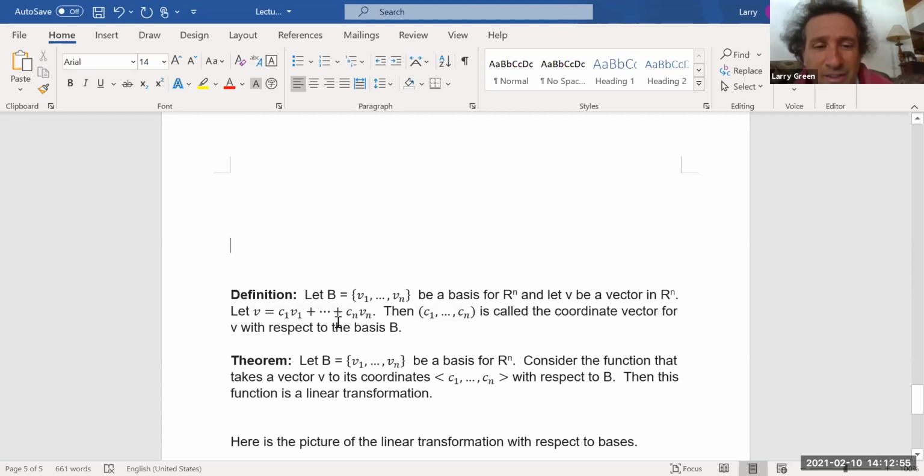So what we can do is take the C's and write them down in kind of point form, C1, C2, dot dot, Cn. Put some parentheses around them. So it's not a vector, it's a point. And this is the coordinate of the point V, or the vector V, with respect to the basis B. Any questions on this definition?